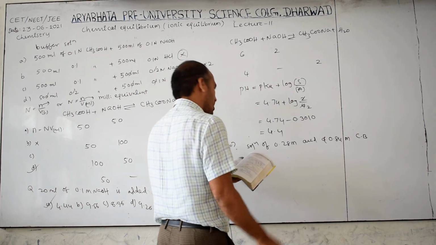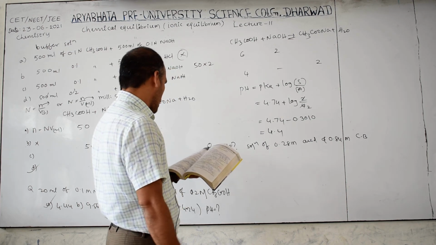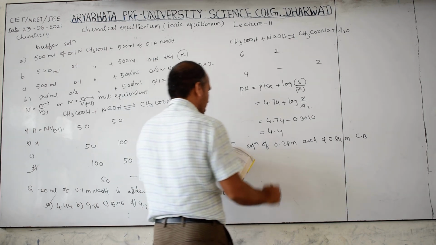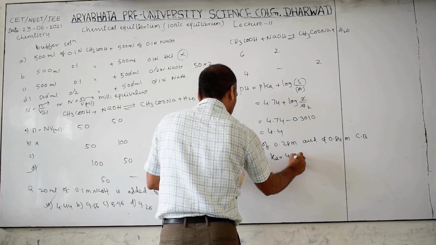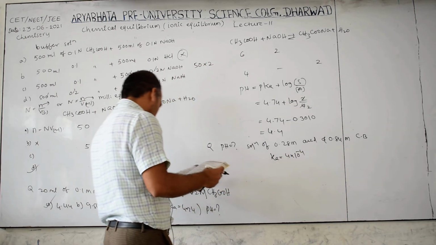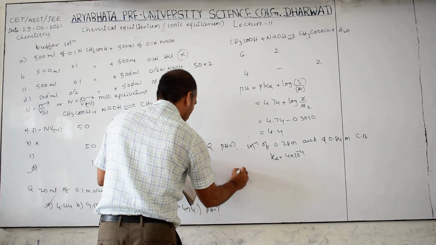Acid plus conjugate base mixture is known as the acidic buffer solution. The ionization constant Ka is equal to 4 into 10 power minus 4, they have given. Then what do you have to calculate now? Options, first I will give here.